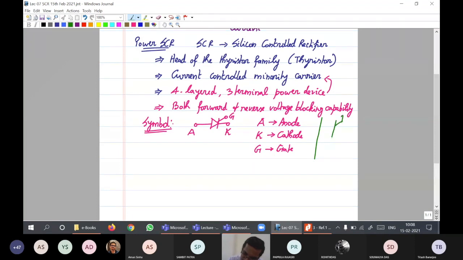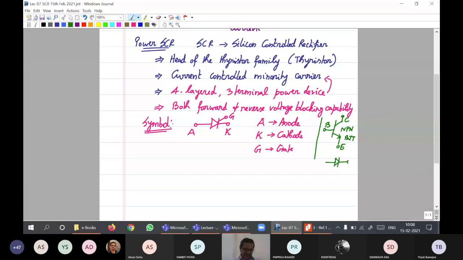Still, I will draw once again. Collector, emitter, and base. This is NPN BJT transistor. Diode, I don't need to draw. I'm not belittling you, but it is for additional clarity. That's all.